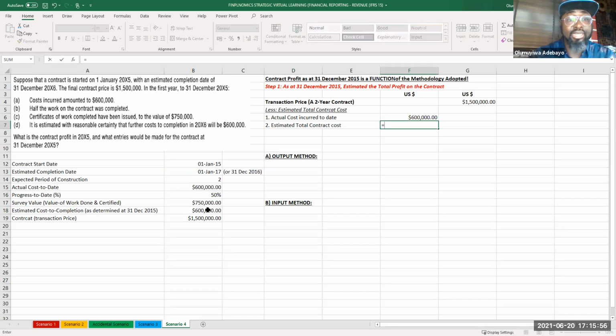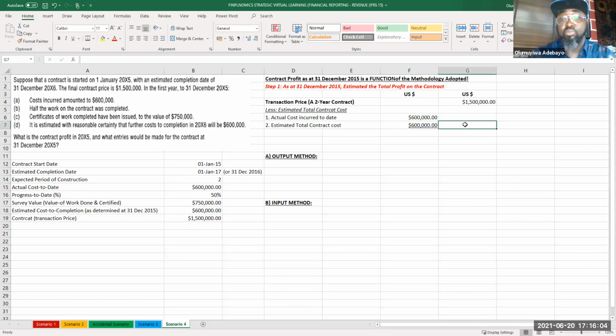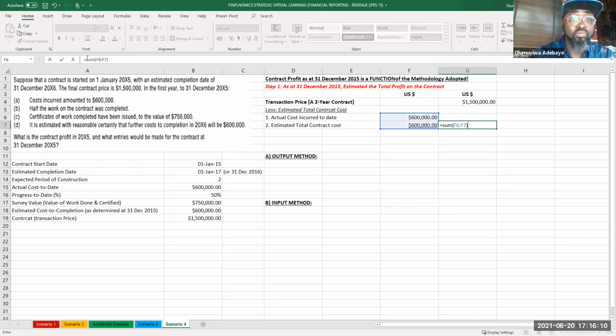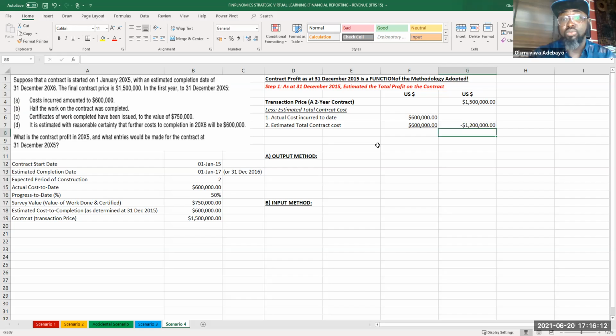Estimated cost to completion is also 600, which means all in all, it is 1.2.